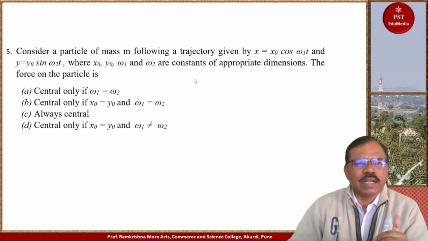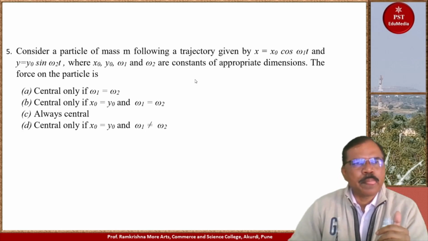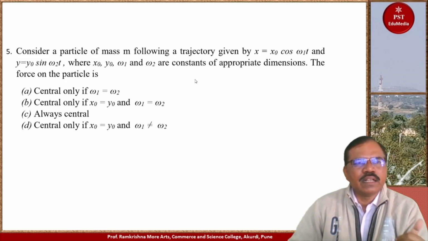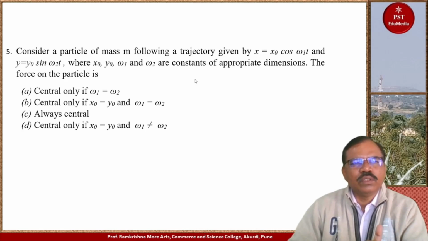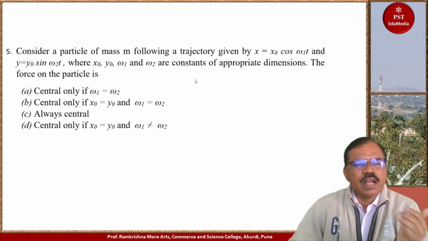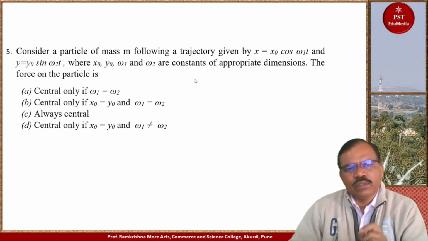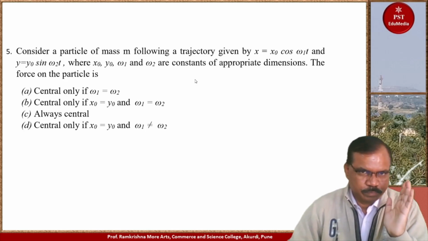The force on the particle is: A, central only if omega 1 is equal to omega 2; central only if x0 is equal to y0 and omega 1 is equal to omega 2; always central; and central only if x0 is equal to y0 and omega 1 is not equal to omega 2.